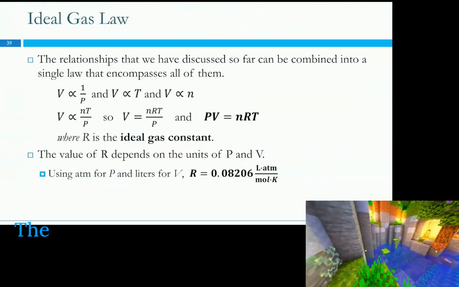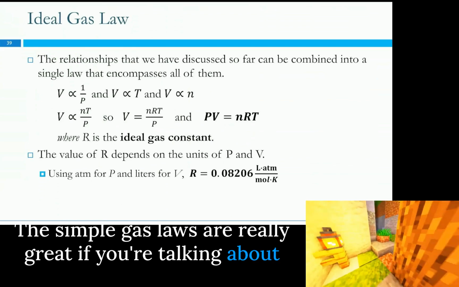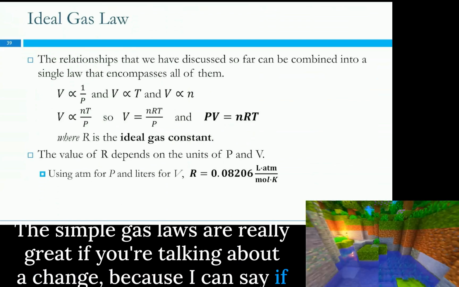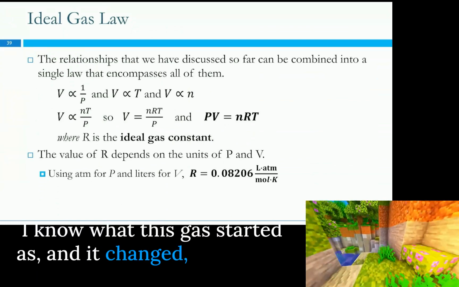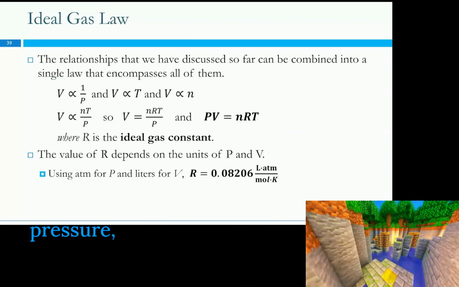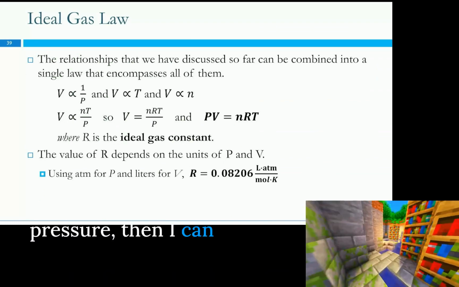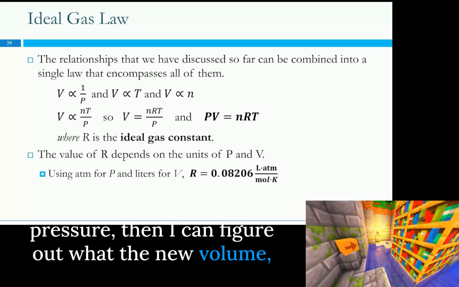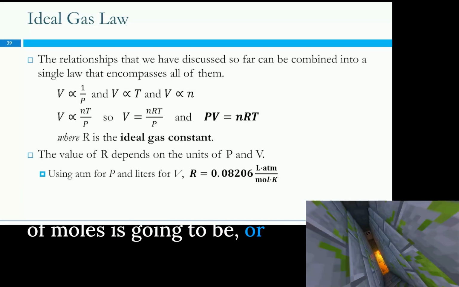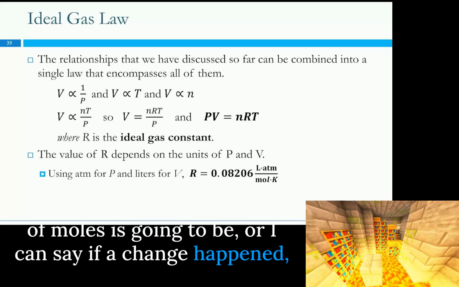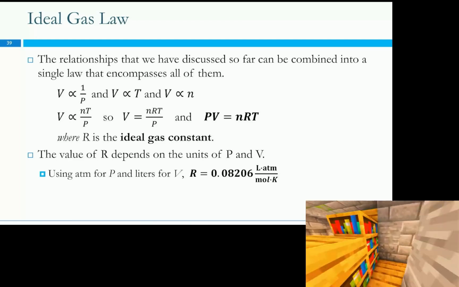The simple gas laws are really great if you're talking about a change, because if I know what this gas started as and it changed, a change in temperature or a change in pressure, then I can figure out what the new volume, temperature, pressure, number of moles is going to be. Or I could say if a change happened, I know what it could be before.